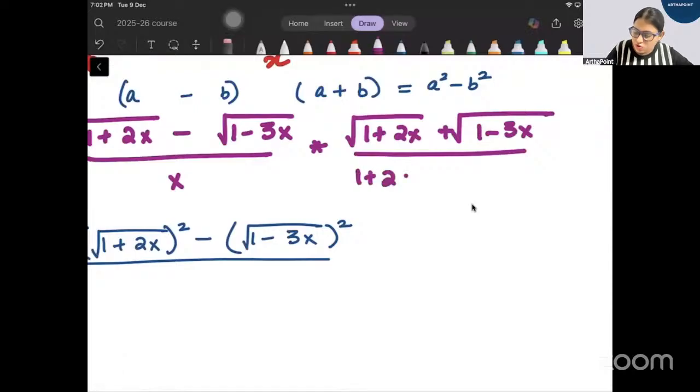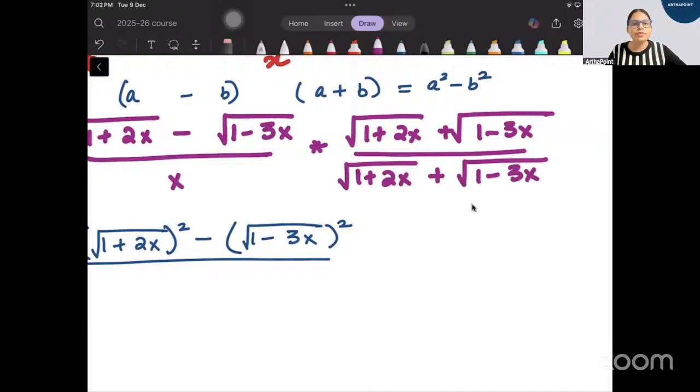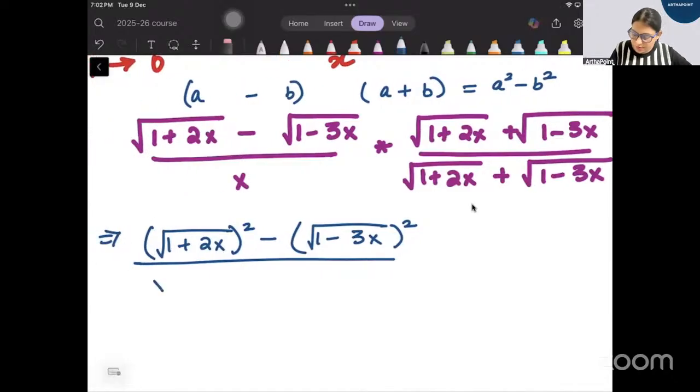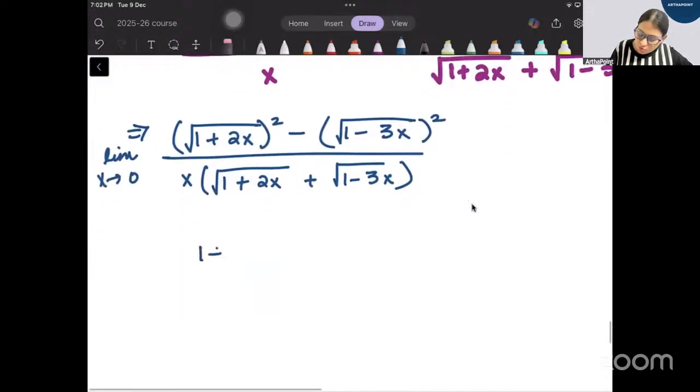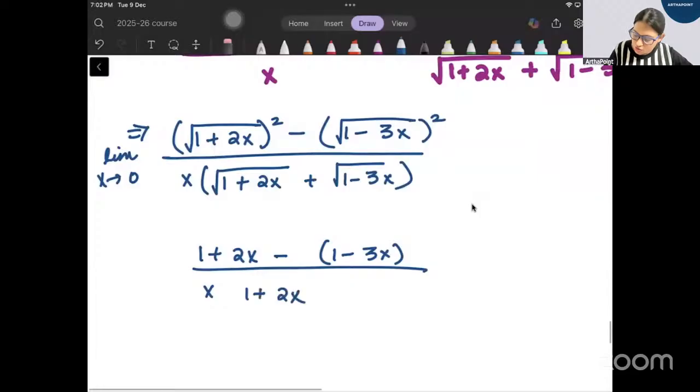So my denominator will be x into root of 1 plus 2x plus root of 1 minus 3x, and x tends to 0. So I'll get 1 plus 2x minus 1 minus 3x upon x into root 1 plus 2x plus root 1 minus 3x.